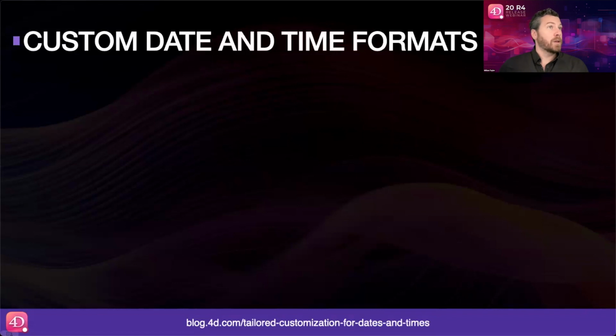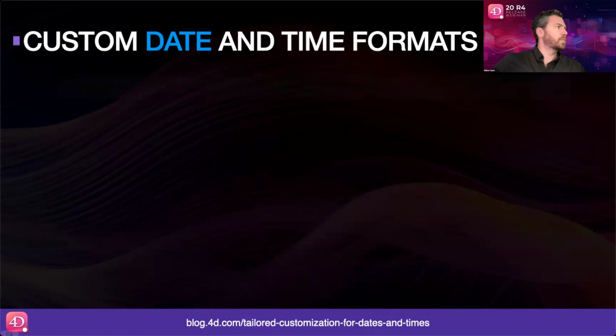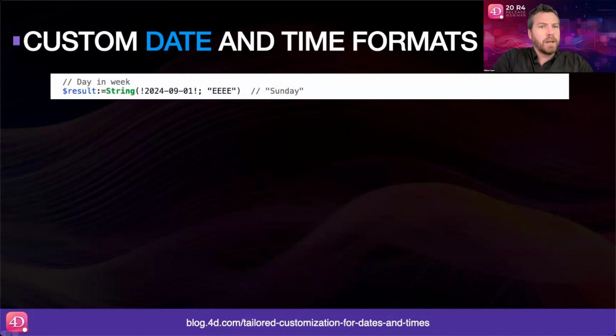Now, a feature that is really cool, I think, and will greatly improve your application and simplify your development. We have custom date and time formats. Let's start with dates. Here we have a string object. And now you can display your date in a variety of exciting ways with the addition of new patterns.